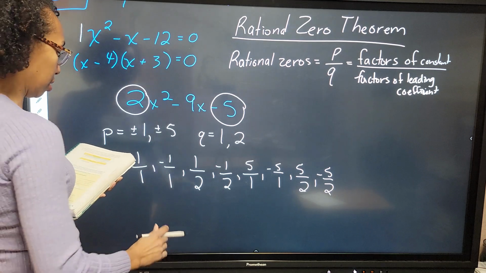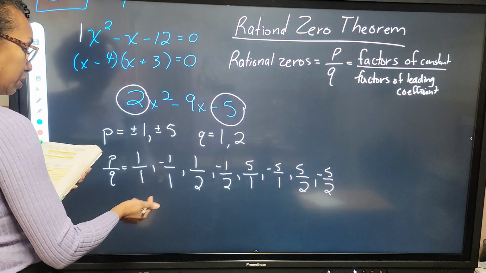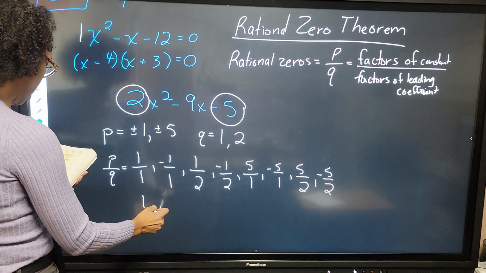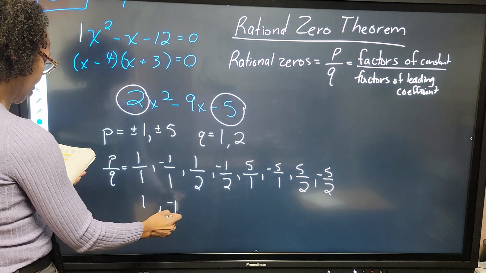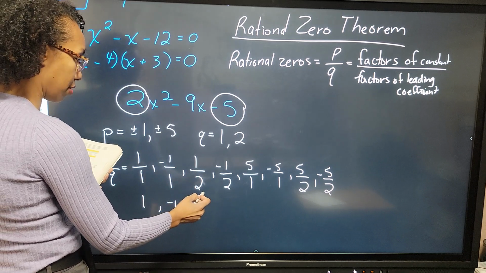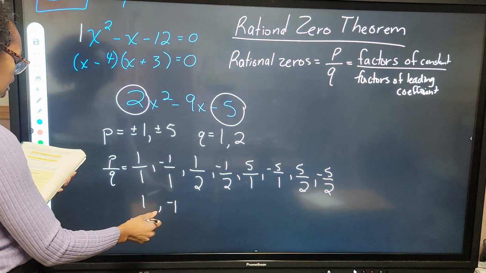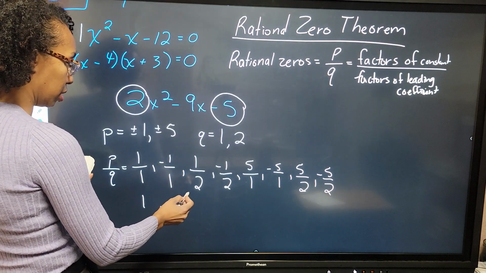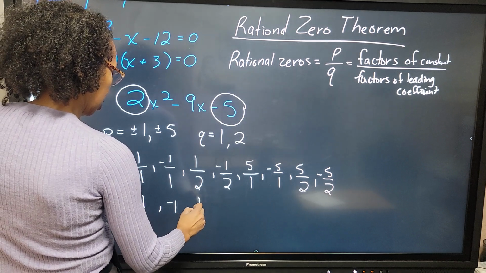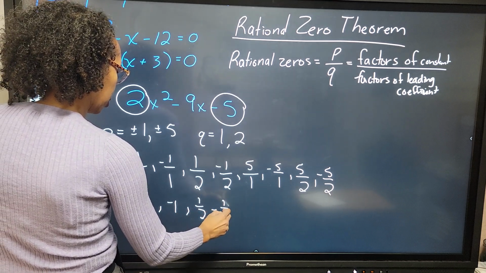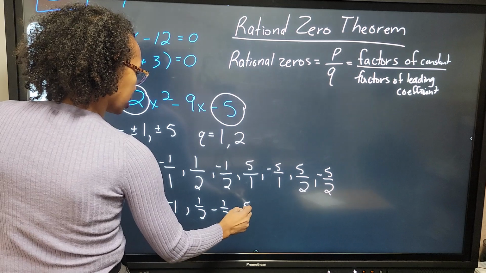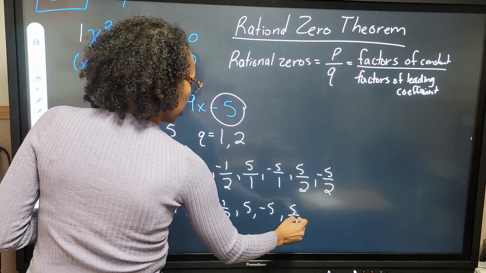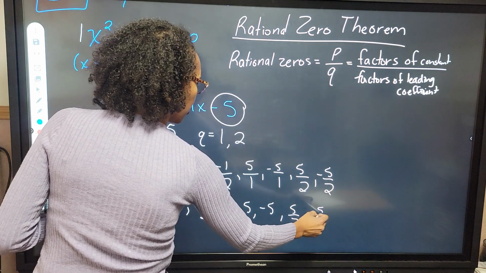And then you simplify them to see what you get. 1 divided by 1 is 1. This would be a negative 1. This is still 1/2. So I see that I've got a positive 1, a negative 1, 1/2, a negative 1/2, a positive 5, a negative 5, a positive 5 over 2, and a negative 5 over 2.